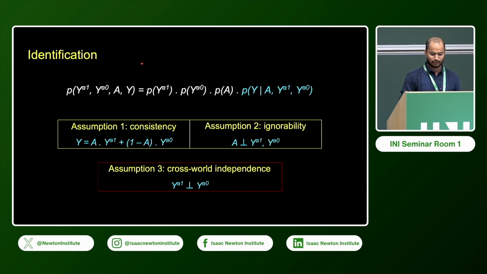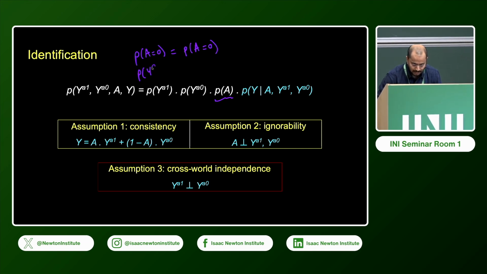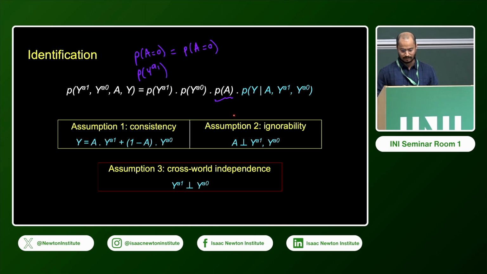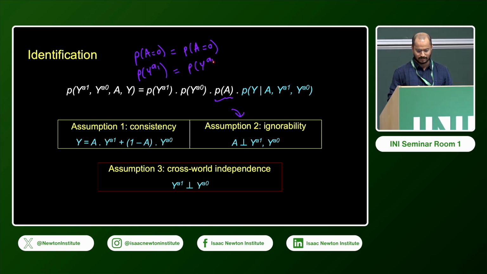So in particular, let's just do it. How do I identify P of A? Well, P of A equals 0 is just equal to P of A equals 0. That's the easiest identification argument I can make. P of YA1, by independence, in particular ignorability, is equal to P of YA1 given A equals 1.